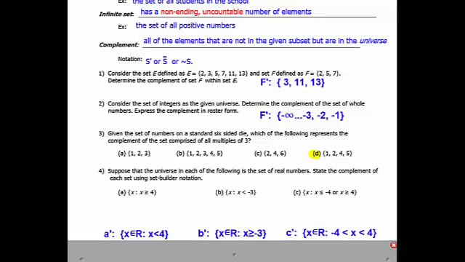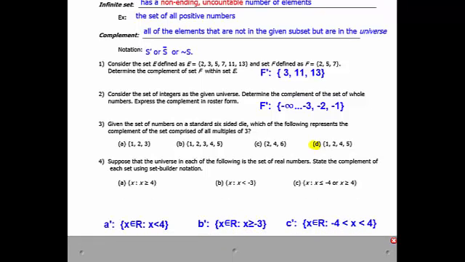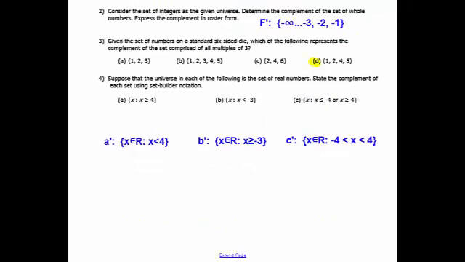In question 4, we're going to represent the complement with our set builder notation. If I look at this, I see A prime is representing the complement of question 4a: x is an element of the reals such that x is less than 4. B prime would be x is an element of the reals such that x is greater than or equal to negative 3.